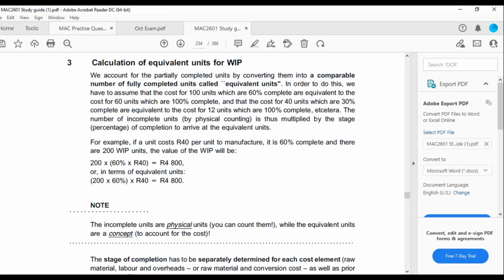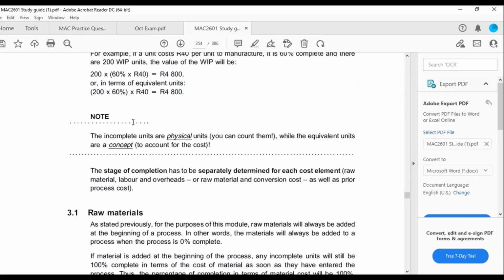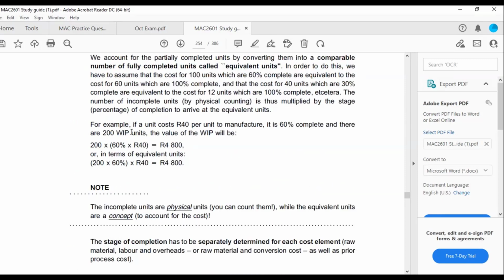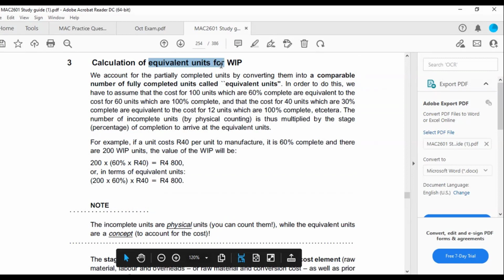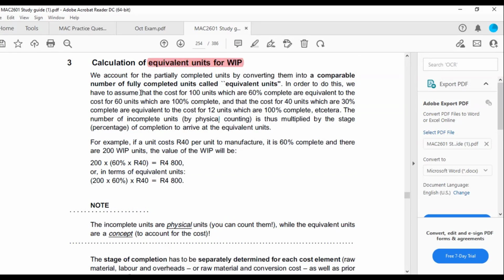So I'm going to make another example. Let's go through it and understand what equivalent units are for work in progress. In order to do this, we need to assume that the cost of 100 units, which are 60% complete, is equivalent to the cost of 60 units, which are 100% complete.